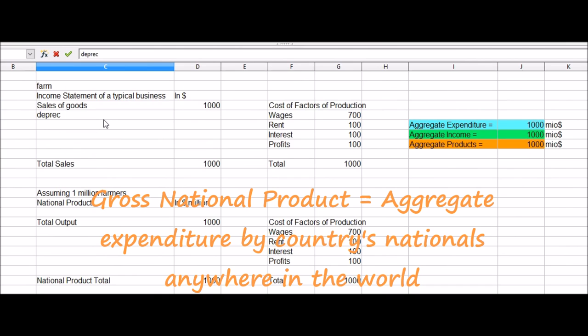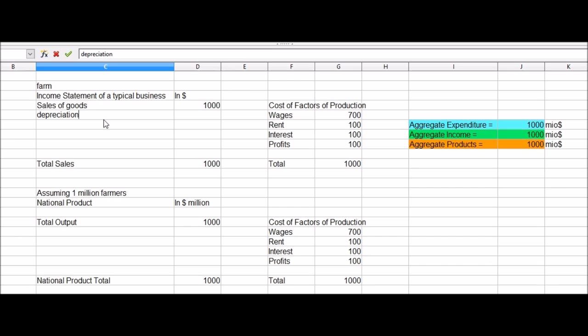In the income approach, statisticians add the incomes generated from the factors of production: salaries, interest, rent, and profits. Since profits are net of depreciation, and by definition, gross domestic product doesn't account for depreciation, depreciation is added back to the total figure.